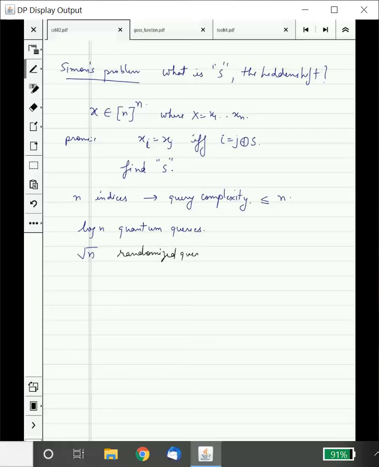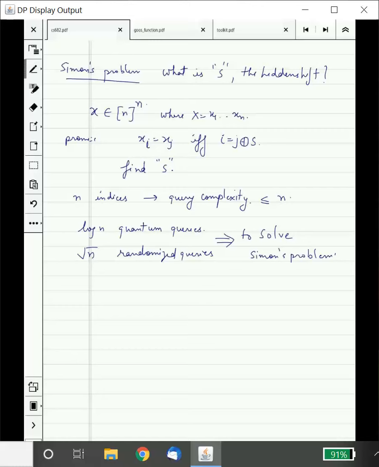This is to solve Simon's problem. This is the exponential separation which we want to get. I have not come to the algorithm yet, but I am just telling you the importance of this result.